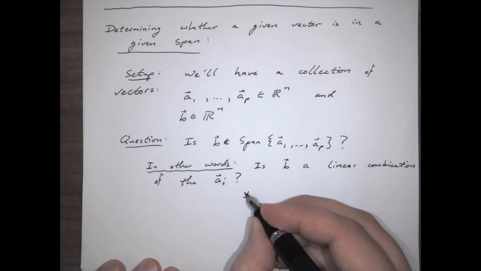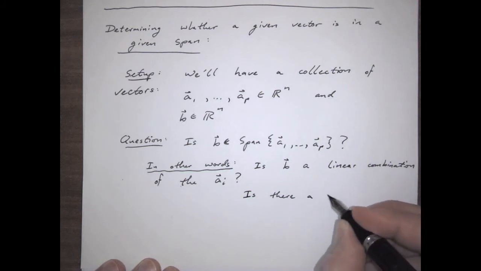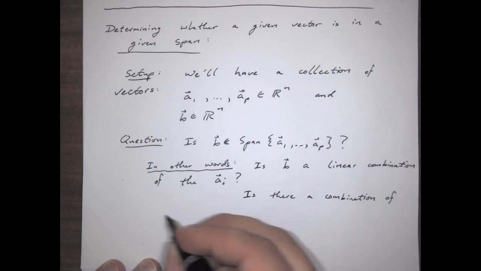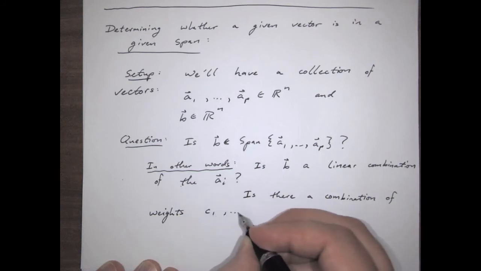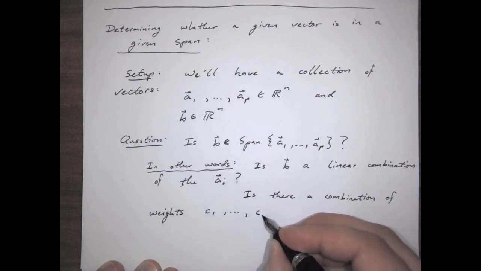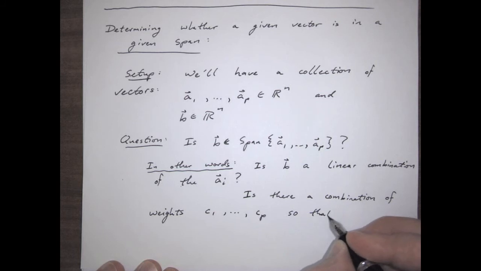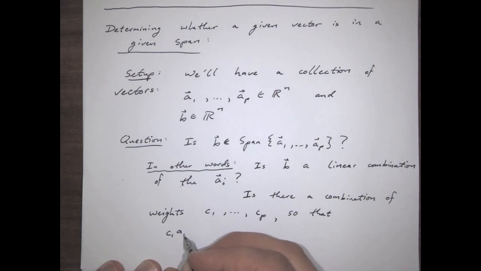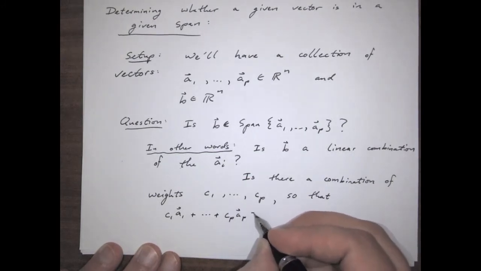So is there a combination of weights C1 up through CP so that C1 A1 plus dot dot dot CP AP ends up equaling B.